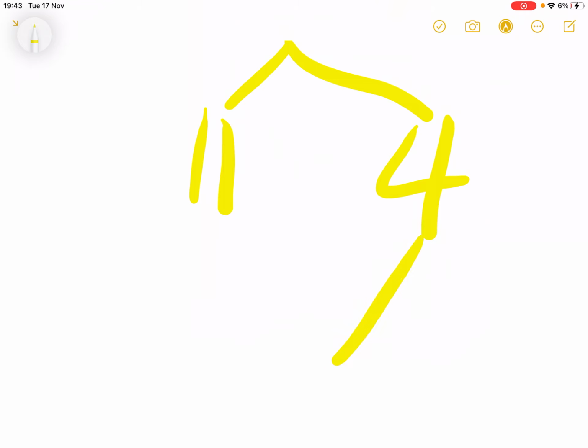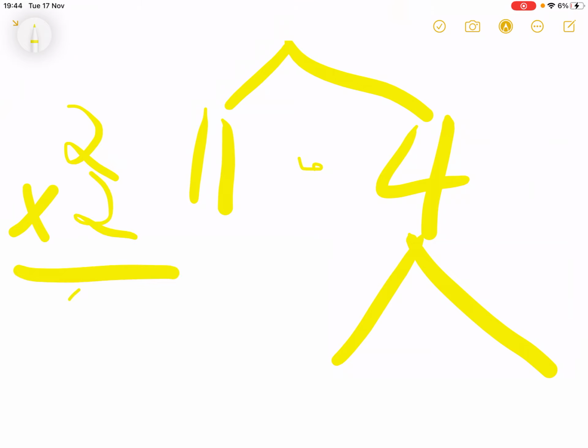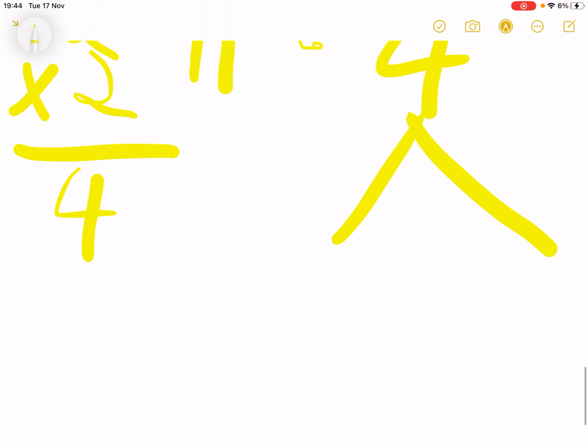So what times what equals 4? So as we know, 2 times 2 equals 4. So we can put 2 times 2 there.